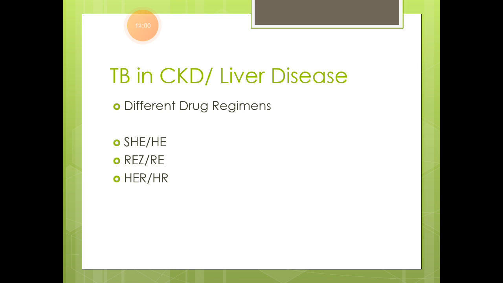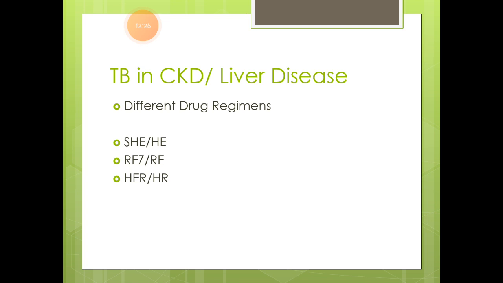So there are 3 special regimens with alternative combinations of drugs for these 2 special situations. It's also mentioned in the guidelines. The 3 regimens are SHE and HE, REZ and RE, HRER and HR regimens. Likewise, it's there.